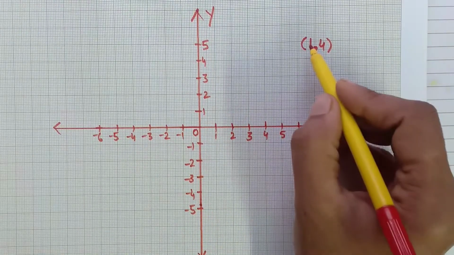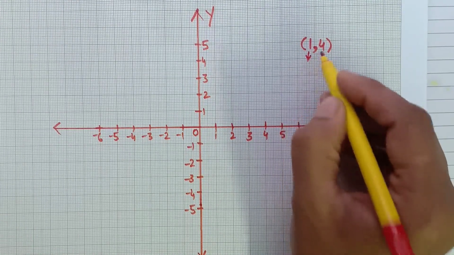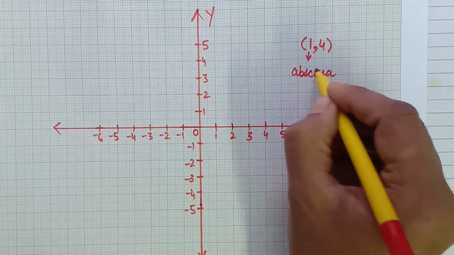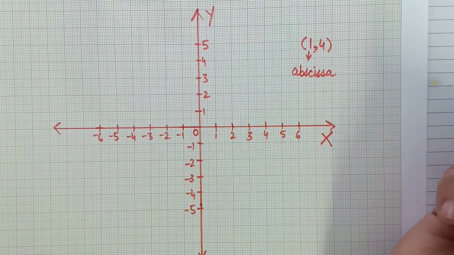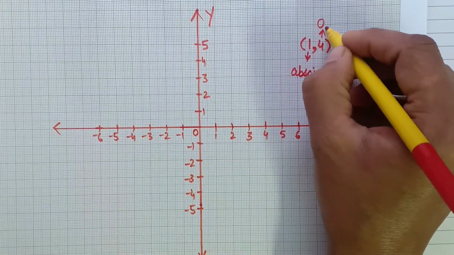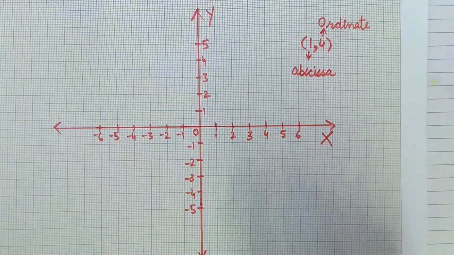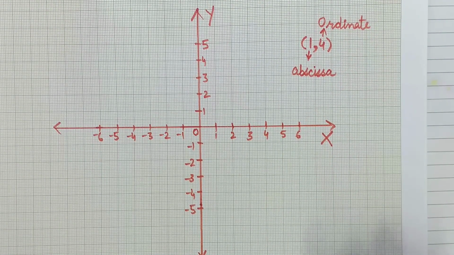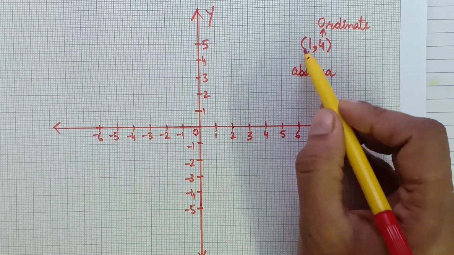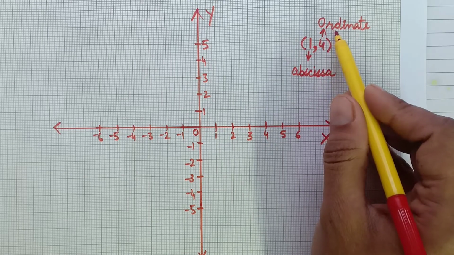First, the first value is of x, and we call the first value the abscissa of a given point, and the value of y is called the ordinate of a given point. Now the point given to us is (1, 4). The value of x will be called the abscissa and the value of y will be called the ordinate.